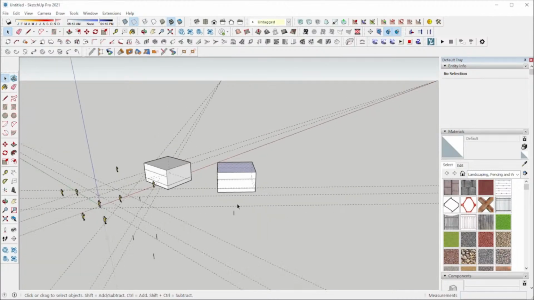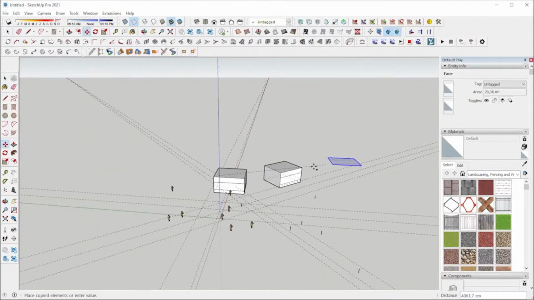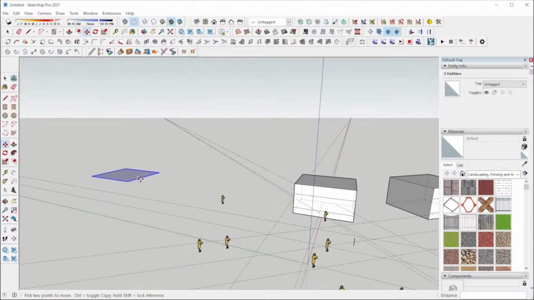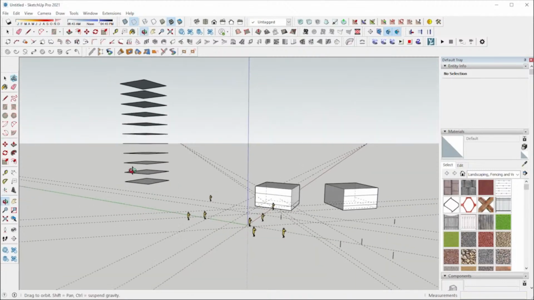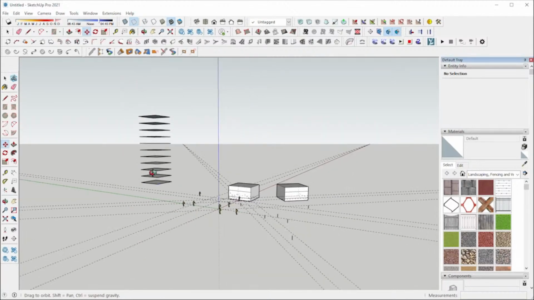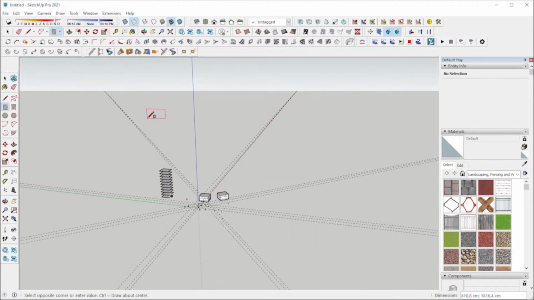For example, if you have a paper in front of your eyes, you can hold the paper. This is like a paper, and we have a few buildings there.